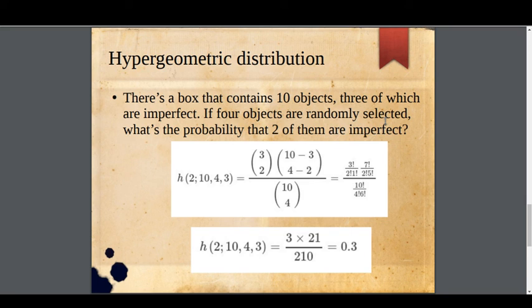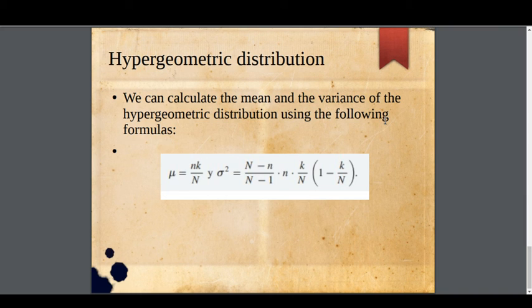We also can calculate the mean and the variance of the hypergeometric distribution, and we can do that using the following formulas.